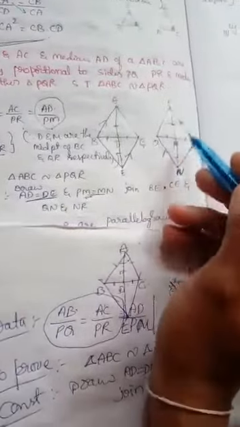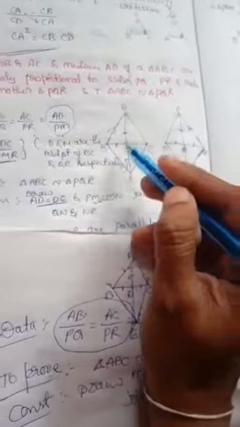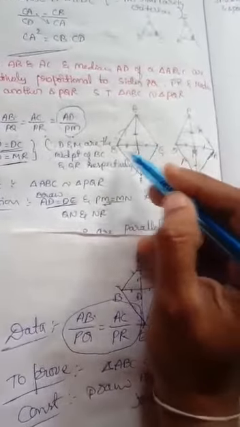Construction: draw AD equal to DE, PM equal to MN, and join BE, CE, QN and NR. This is the construction. Next, the proof.